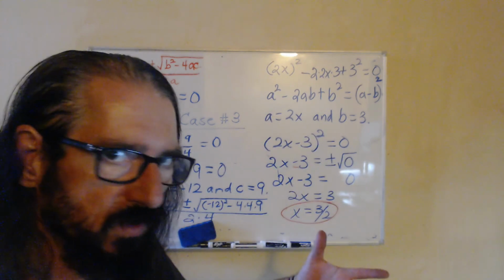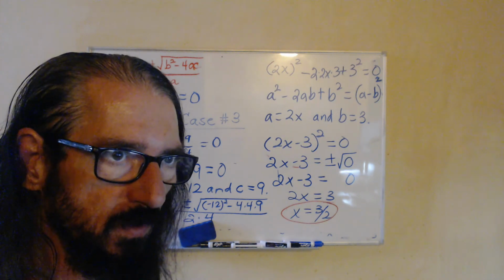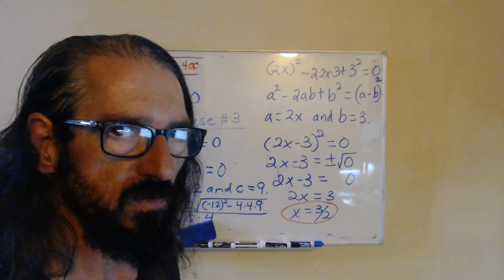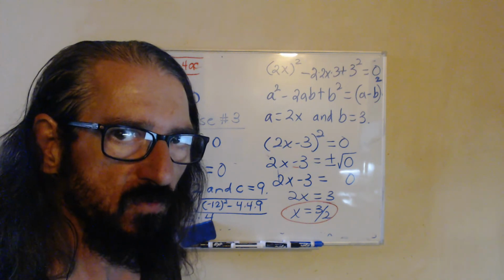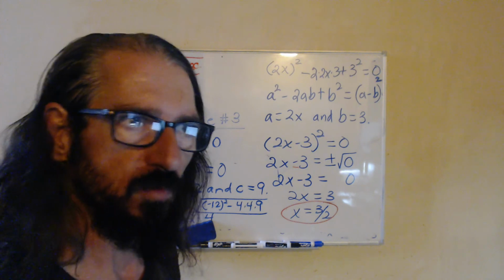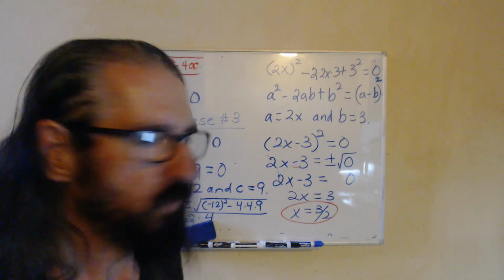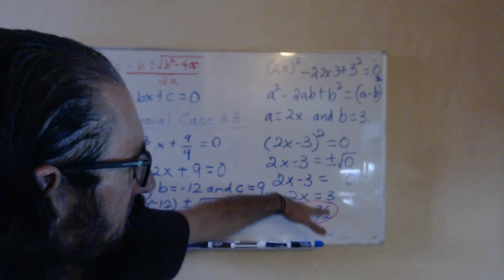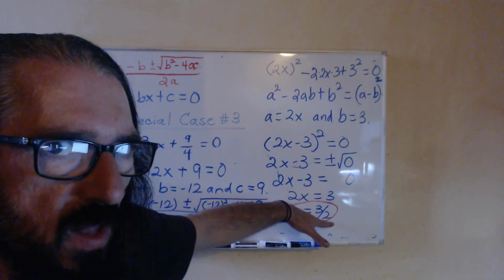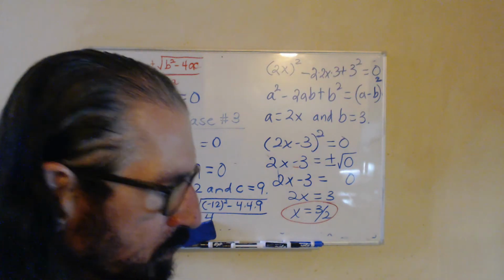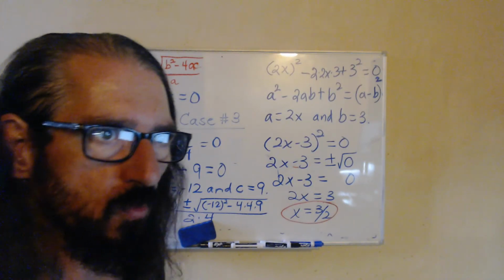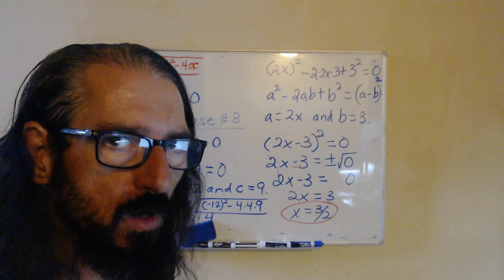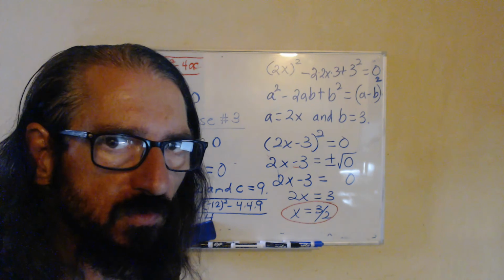I'm also using this to talk about efficiency. The quadratic formula can be used to solve all quadratic equations, but if the directions do not specify that that's what you must use, it's not always the most efficient. I think here, factoring that is going to be a whole heck of a lot quicker. But then a third major point is that when we were using the quadratic formula, we had a 0 under the square root, and we only got a single solution.